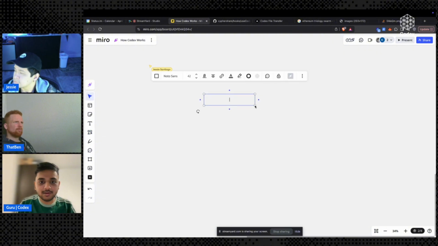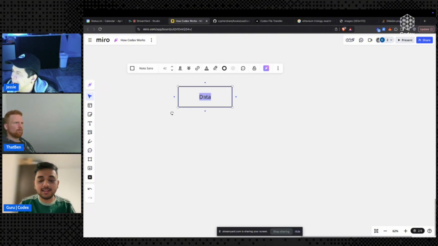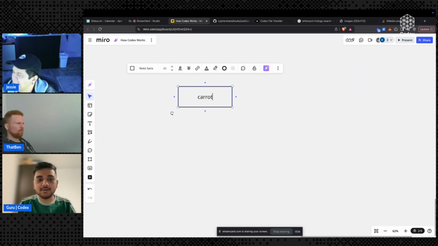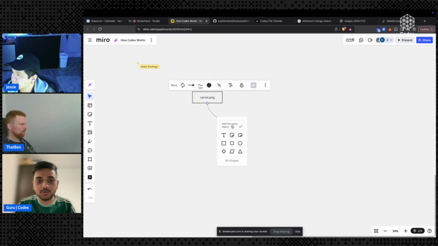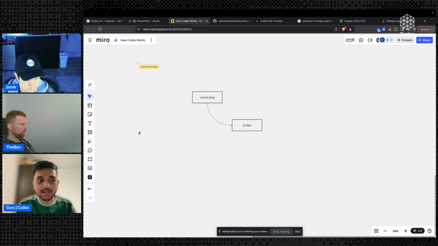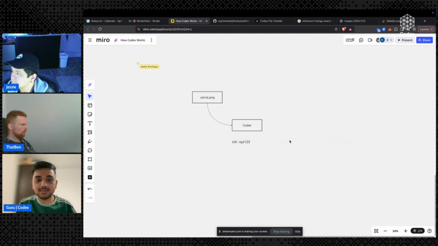So if you have a data, let's say the file name is carrot.png, and you want to upload this into Codex, and this gives you a CID. So this is the unique content identifier that was discussed earlier in the theoretical part of this recording.